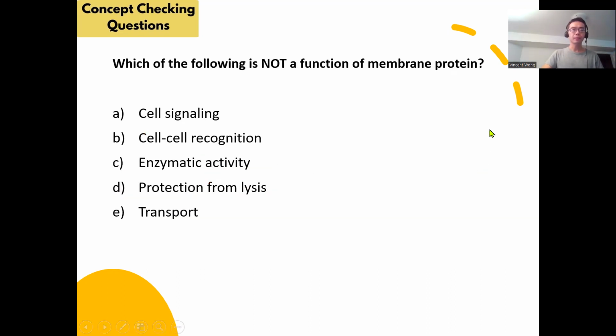Okay. Which of the following is not a function of membrane protein? I'm just going to quickly recap it for you. Attachment to the cytoskeleton, cell signaling, cell recognition, enzymatic activity, transport, and also, I forgot what the other one is, but does anybody remember which one I missed?